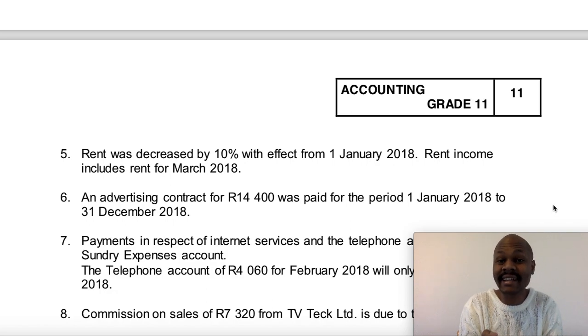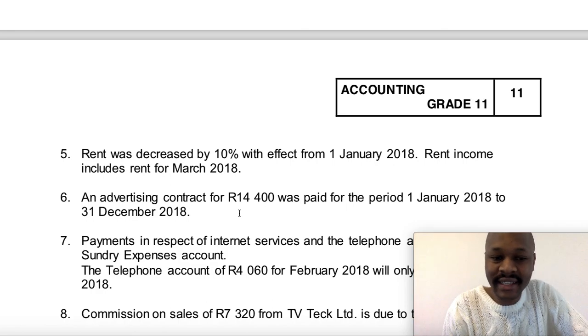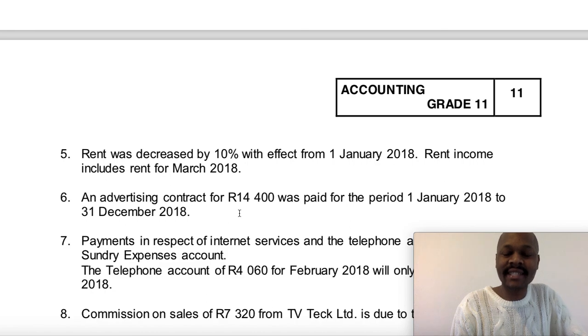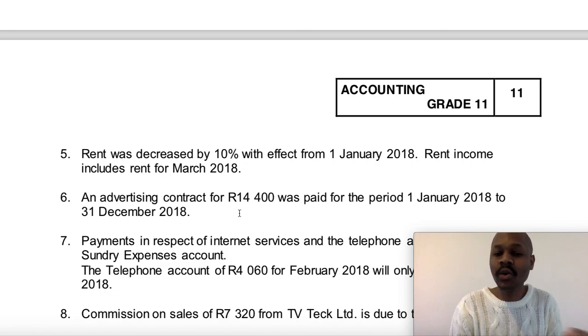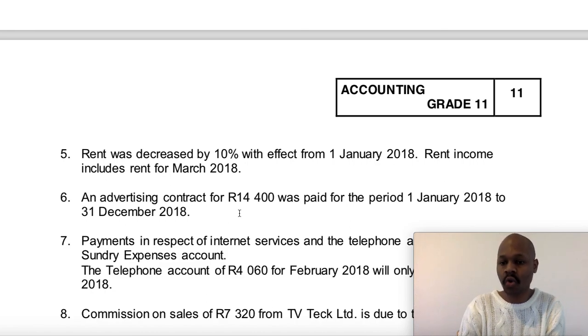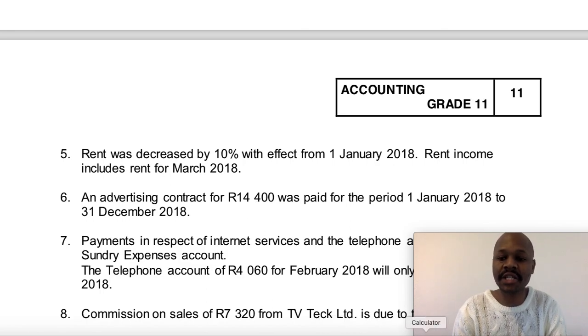So you subtract what you paid in advance, what you prepaid. We only want what belongs to us, what we paid for the current financial year. What we have to record in the next financial year, we will take care of it in the next financial year.